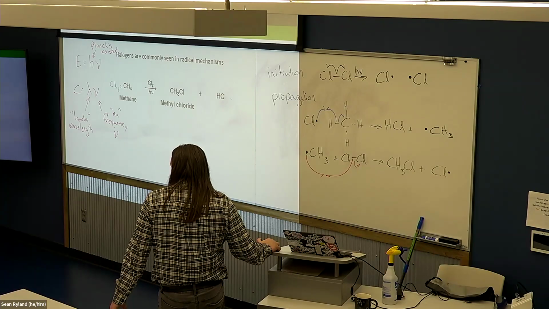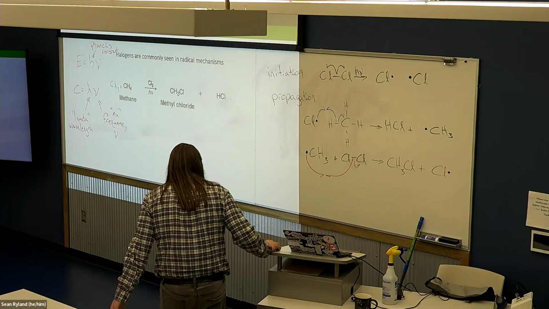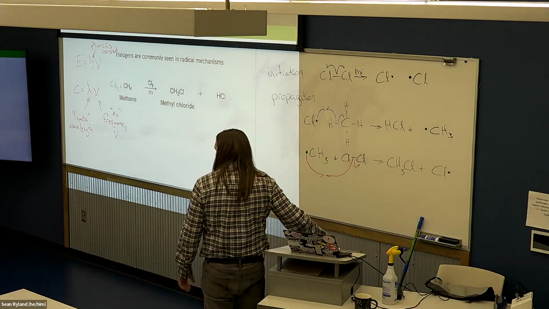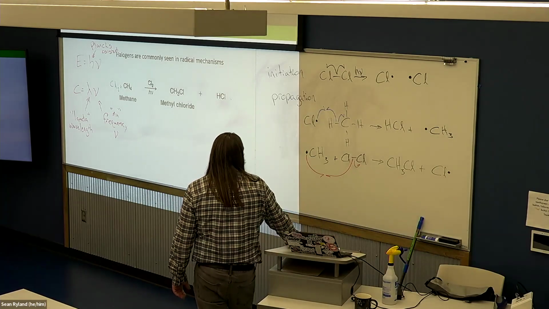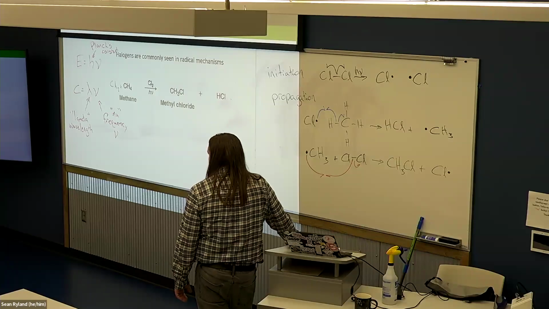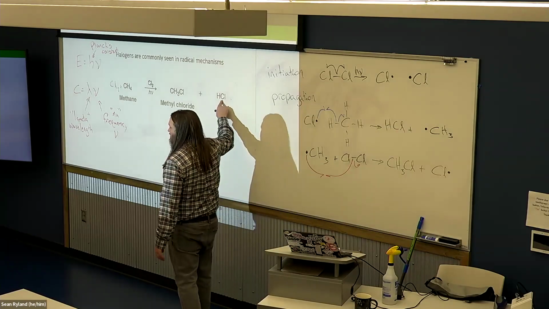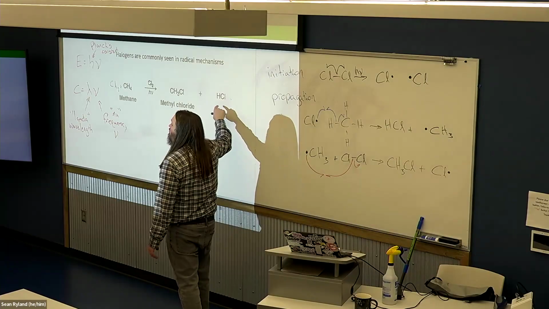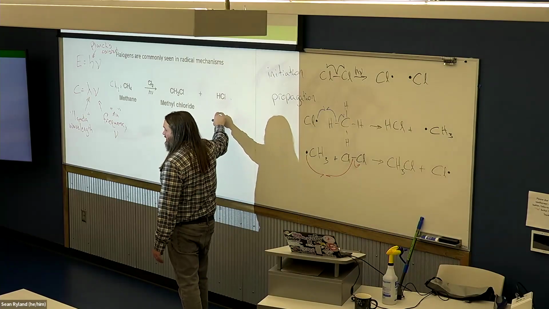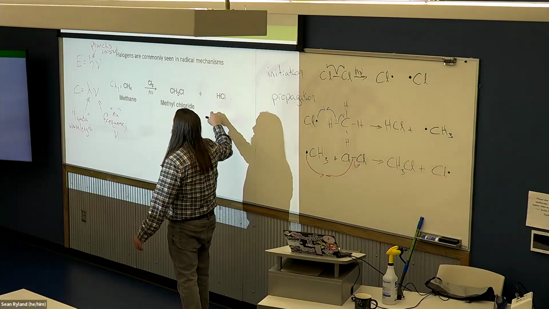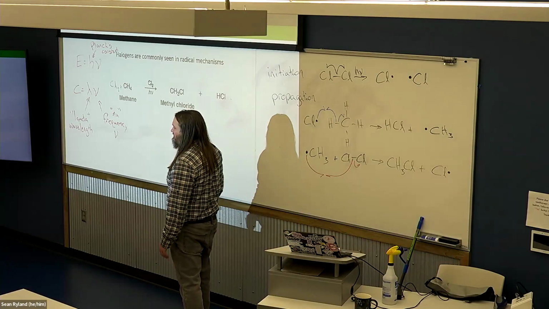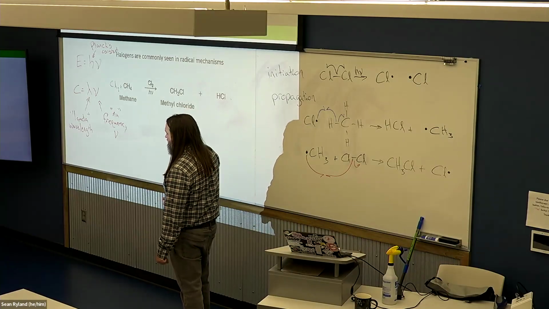When the Cl2 and the methane react to make HCl, that cancels because it's what we're given. When we write our propagation steps, if we do it right, when we add them together, we get our overall net reaction.